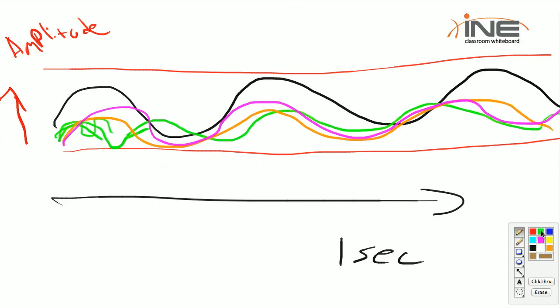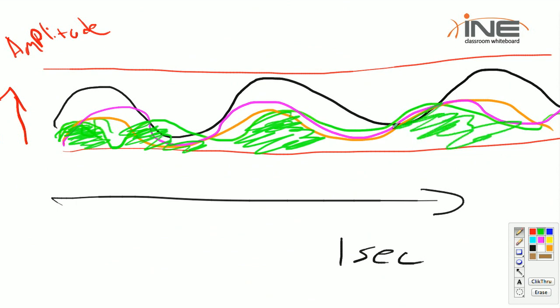So if I was looking at my green signal, I'm just coloring in the waves here, the high peaks. If I've got my orange signal, again coloring in the peaks, again 3 hertz, same wavelength, same frequency. And my magenta, coloring in the peaks. And then I go back to my black.